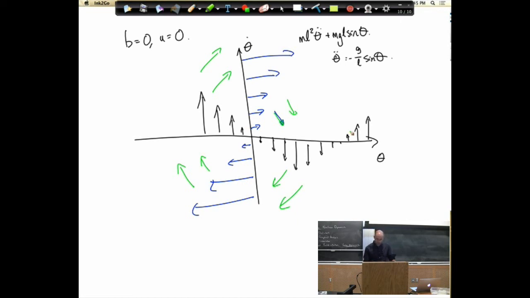And if I were to try to solve this system, if I were to start simulating it from some initial condition, let's say starting at the bottom but with some velocity, then it's going to follow these vectors. Instantaneously it's going to move along those vectors, and it's going to carve out orbits of the system, which if there's no damping, are going to be closed orbits like this.